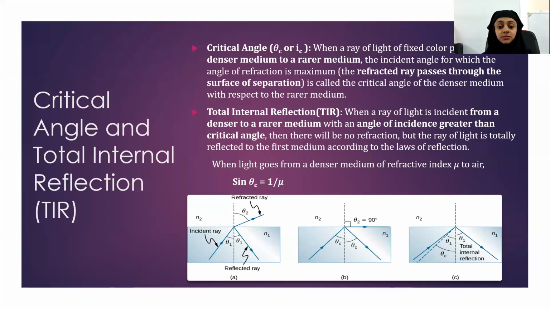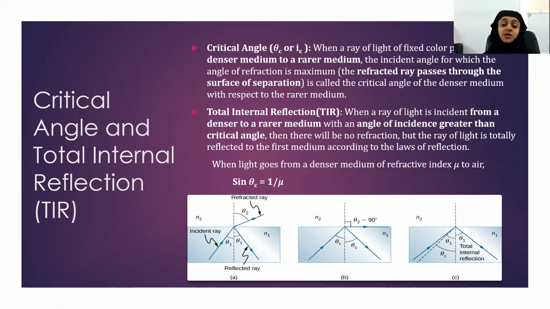Teacher, sine theta c, right? Yes, sine theta c. Sine theta c is equal to 1 by mu. This comes directly from Snell's law. And this equation is important when you solve problems. You will have to memorize this equation.